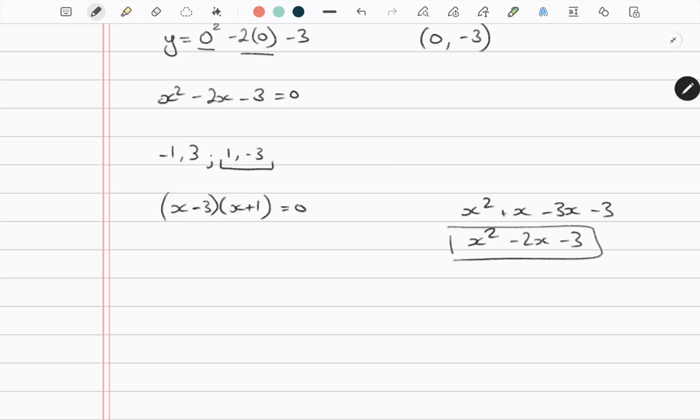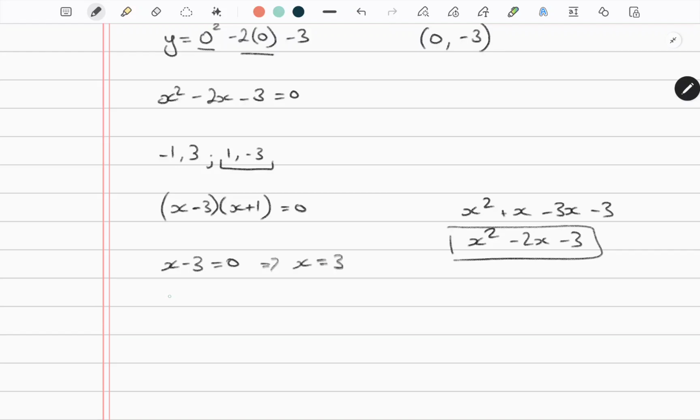If we have both of these brackets equal to 0, then individually they equal 0. So x minus 3 equals 0, and that would give us x is equal to 3.